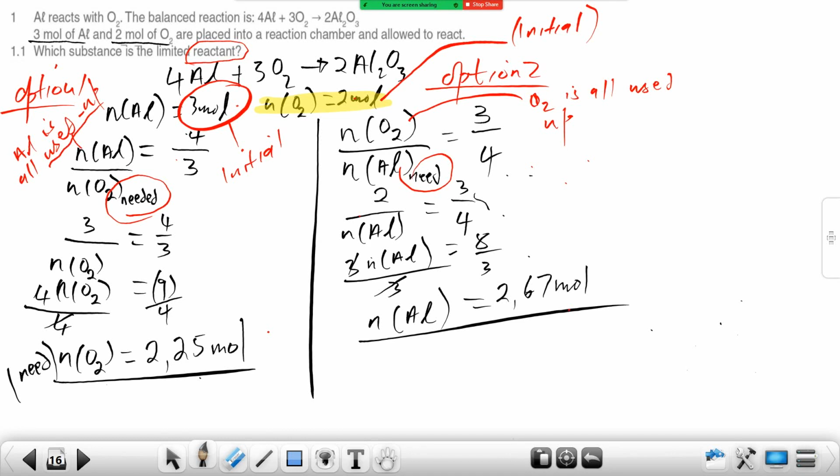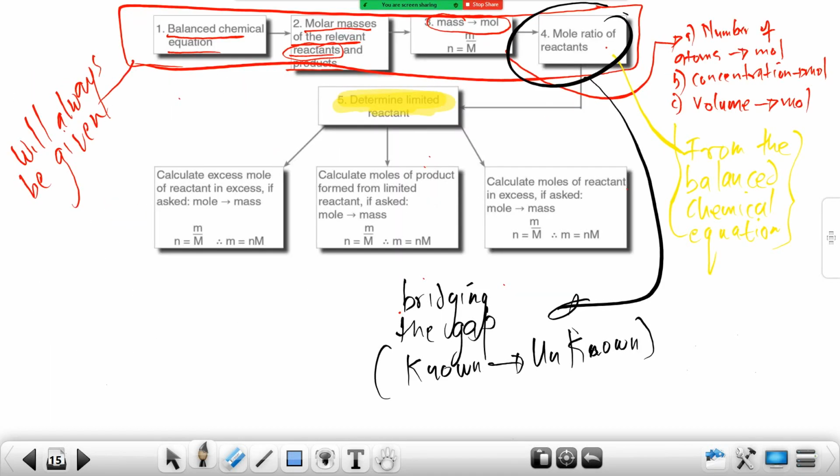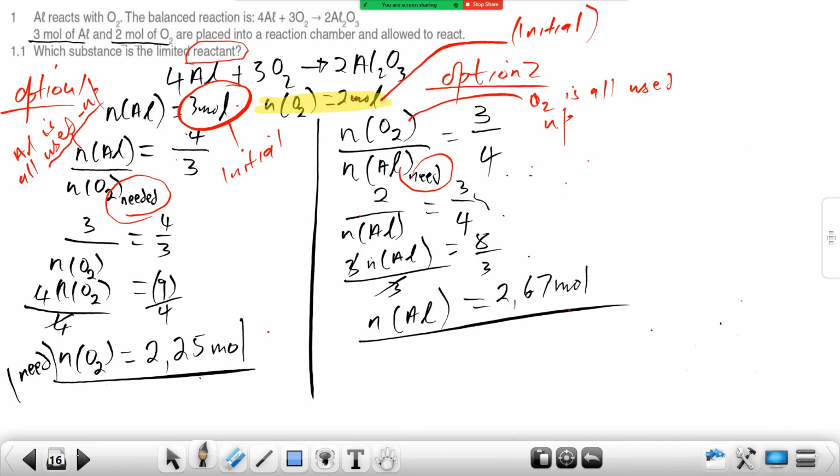Am I going to get sufficient product as required? No. So the science here is very easy to say. How do I link the two? I link the two by using the molar ratio. And I did say the molar ratio comes from where? From the balanced chemical equation, guys. Questions?